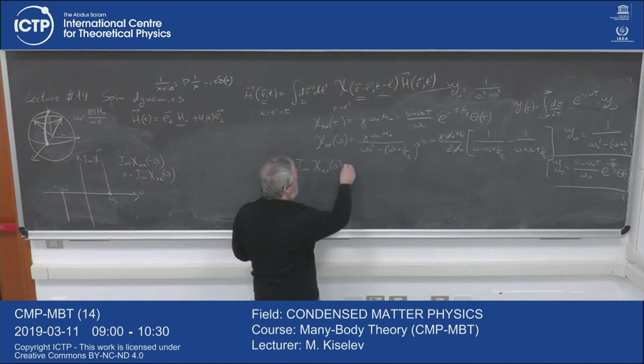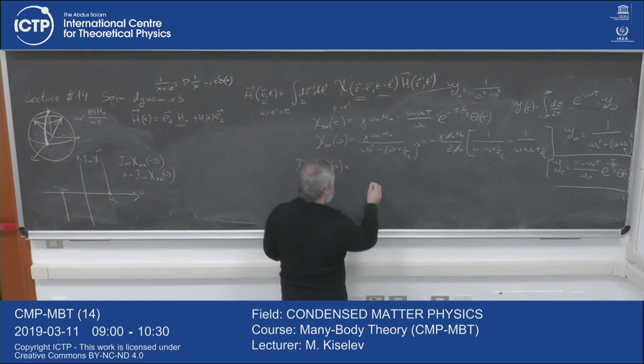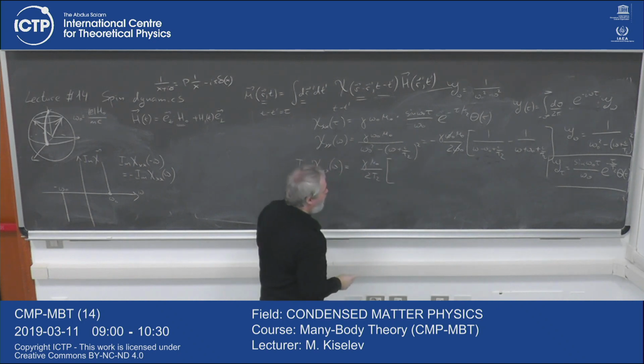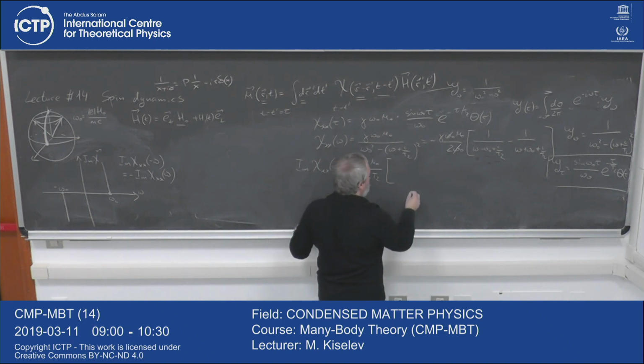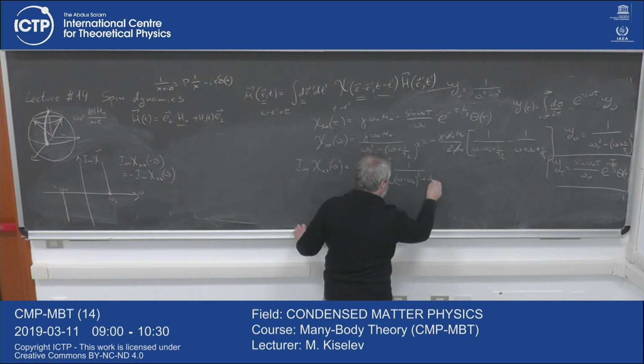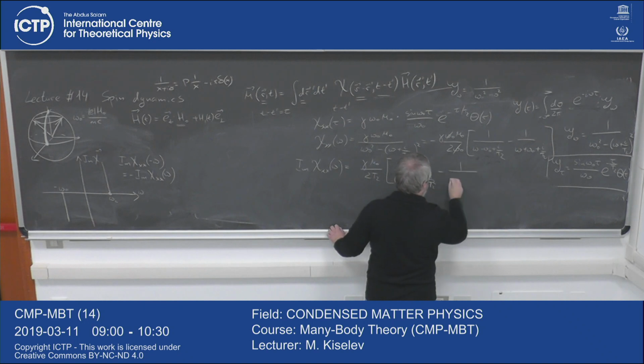So what I have is, minus and minus give me plus, gamma M naught over 2 T2, and I have 1 over (omega minus omega naught) square plus (1 over T2) square, minus 1 over (omega plus omega naught) square plus (1 over T2) square.